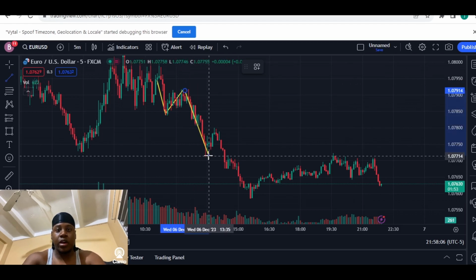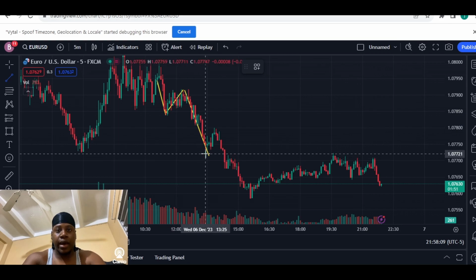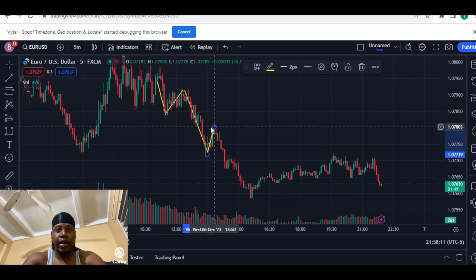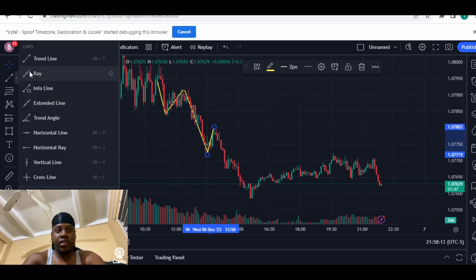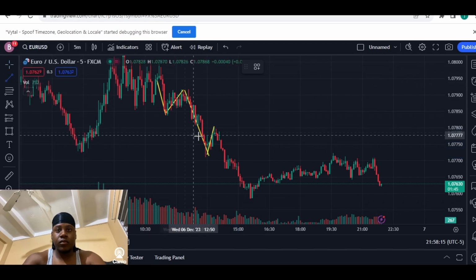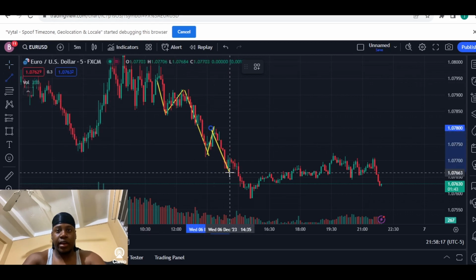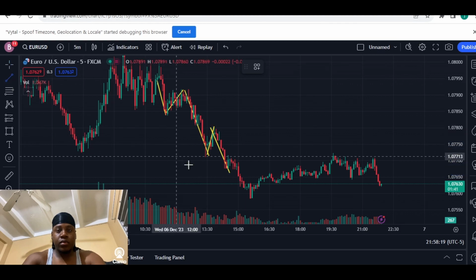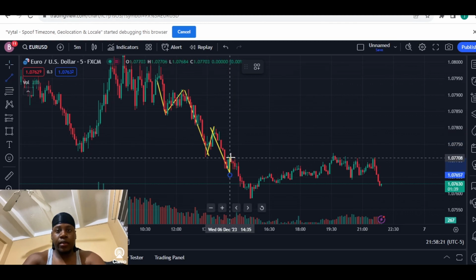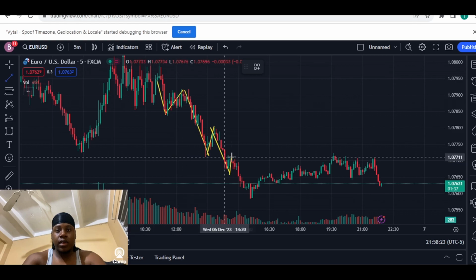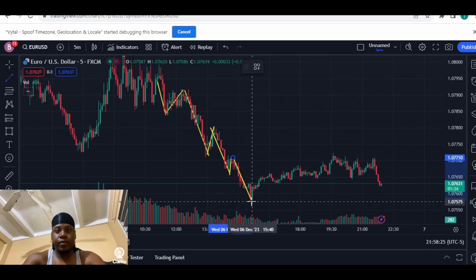It continued going down here, and then it had a little pullback right here, then it reversed again, and it ended up breaking that low, made another pullback, then it ended up breaking the low again.